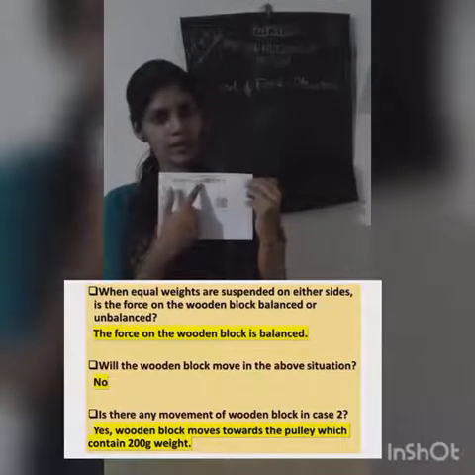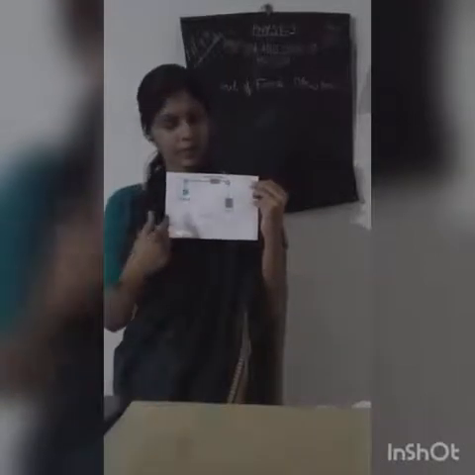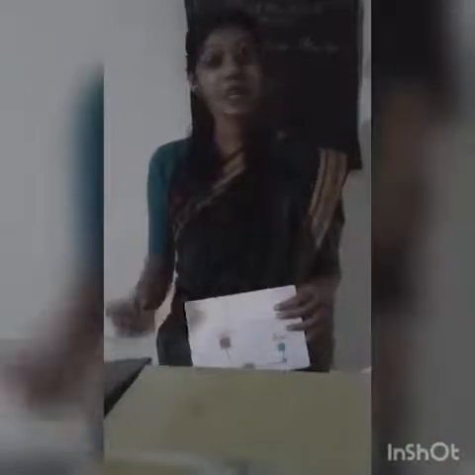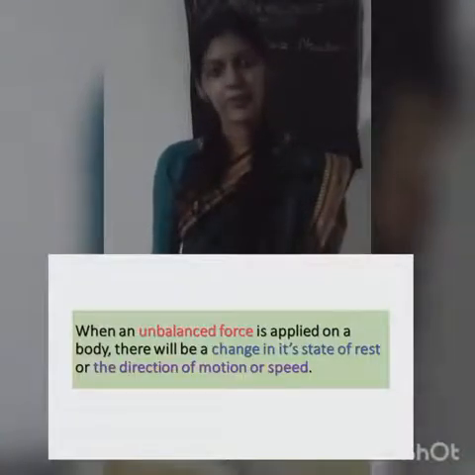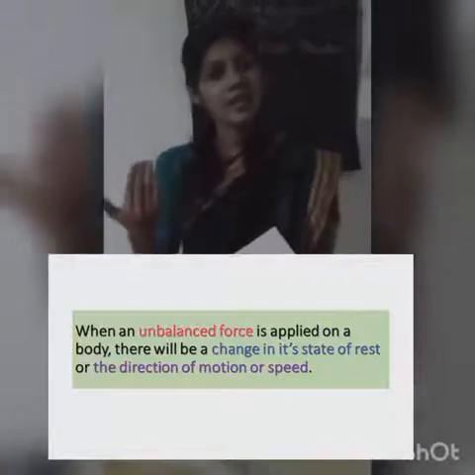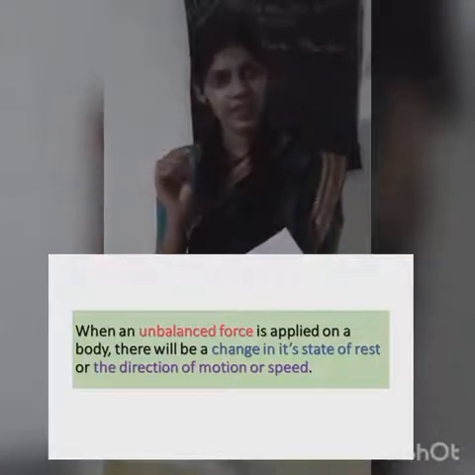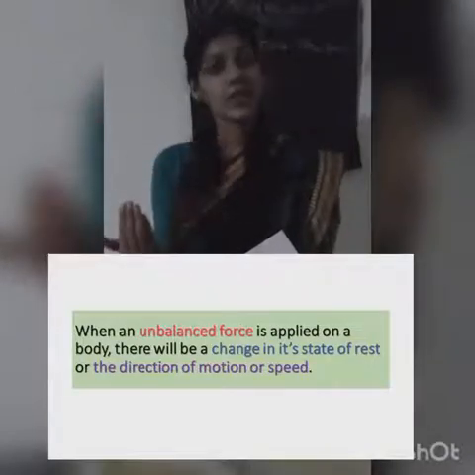So here the wooden block moves towards the 200 gram of weight. So this is an unbalanced force. Now, what do we conclude from this experiment? Yes, when an unbalanced force is applied to a body, there occurs a change in its state of rest or the direction of motion.